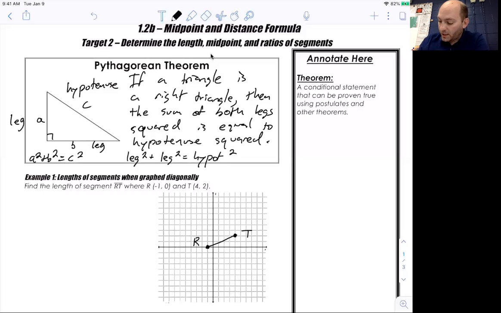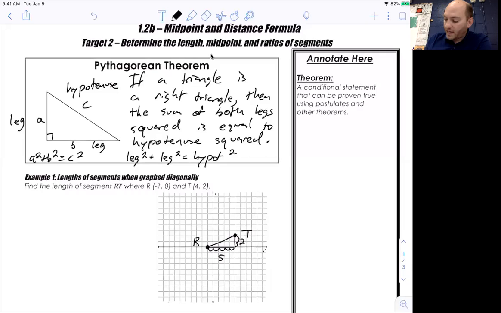On a coordinate grid, these grid lines are all going to be right angles. So I just created a right triangle, and I'm going to count out both legs. The first leg is 2, and the other is 5.